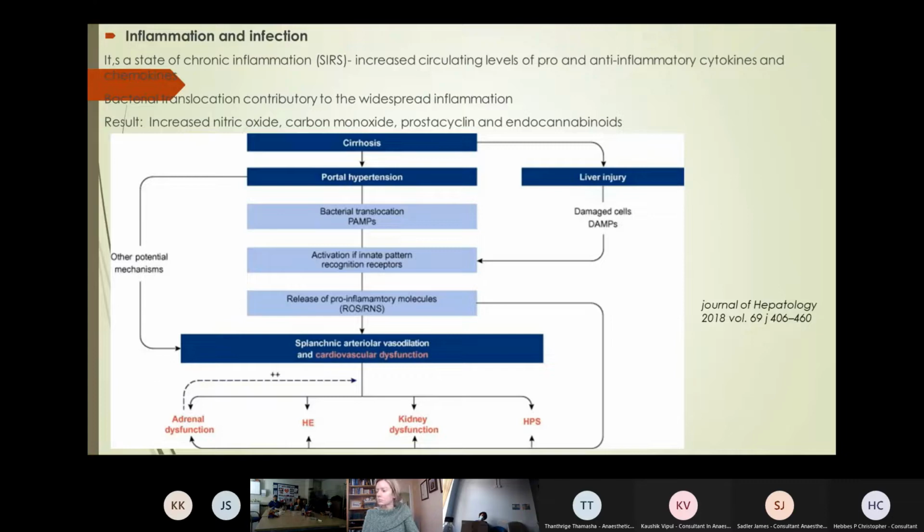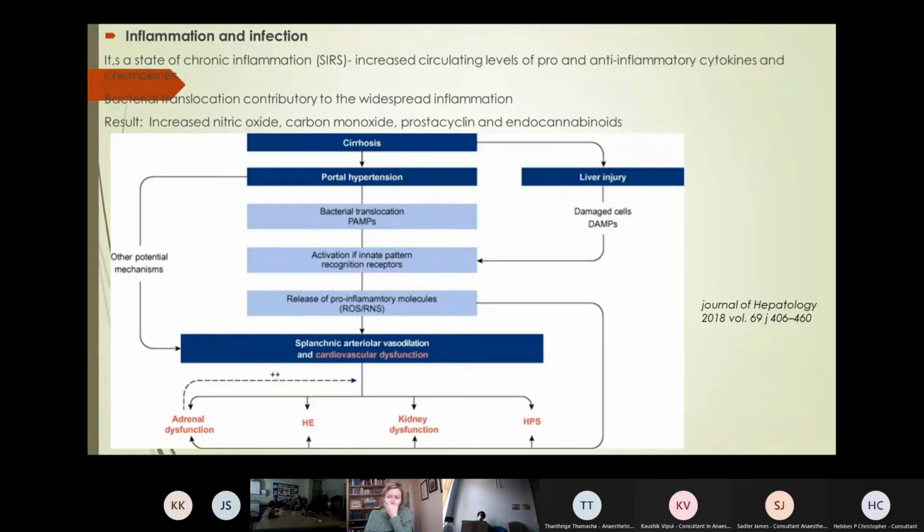What they do is they bind to the receptors of the immune cells, and they will activate the innate immune system. The activation of the innate immune system results in release of pro-inflammatory cytokines and chemokines, and therefore release of reactive oxygen species and reactive nitrogen species.